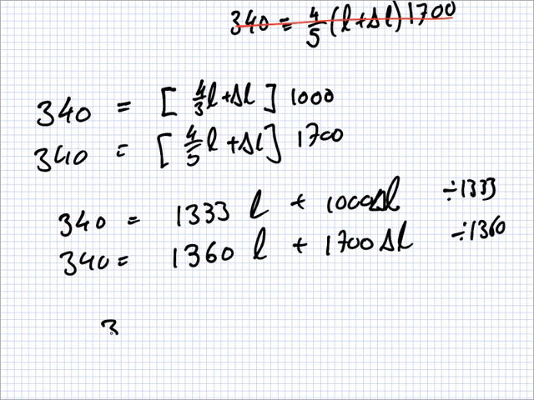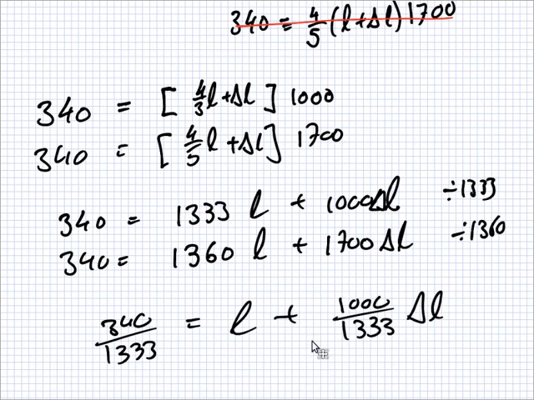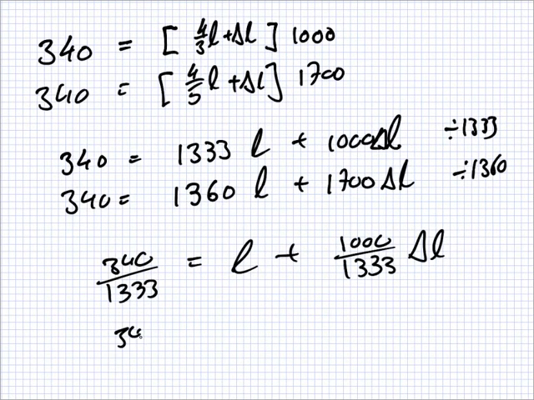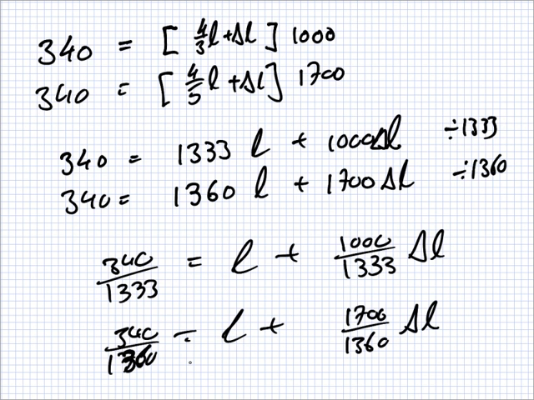So I get 340 over 1333 equals L plus 1000 over 1333 delta L. And here I get 340 over 1360 equals L plus 1700 over 1360 delta L.